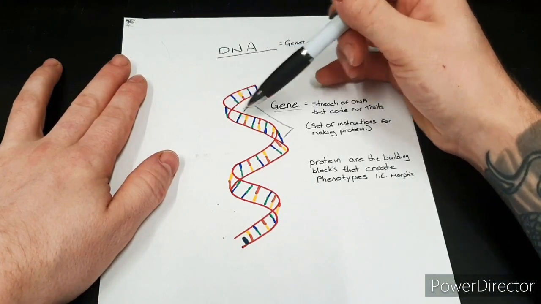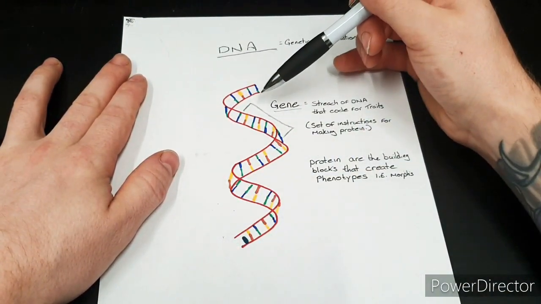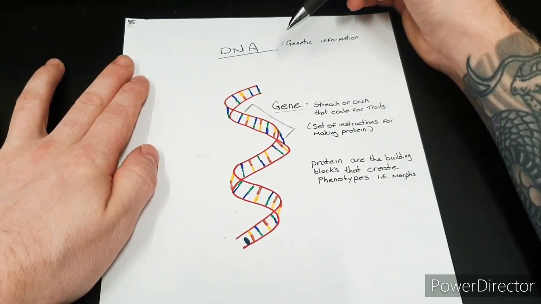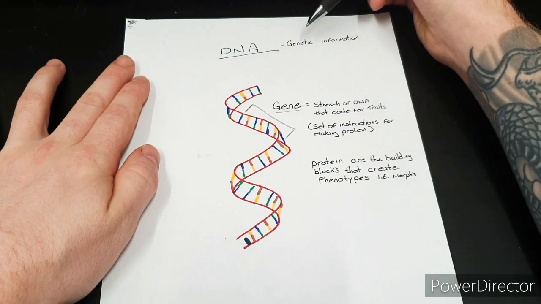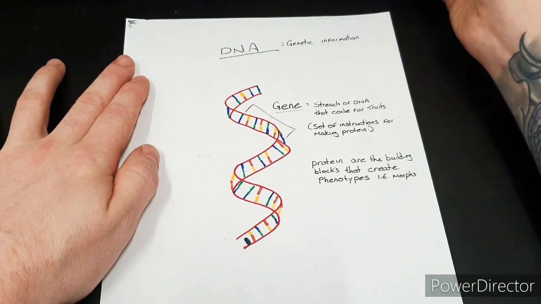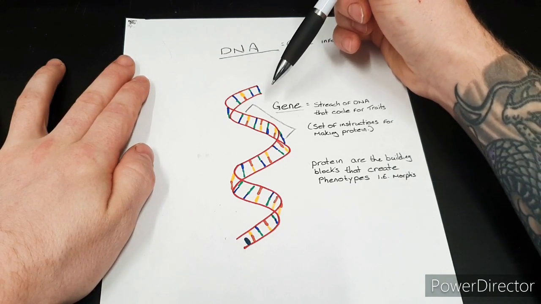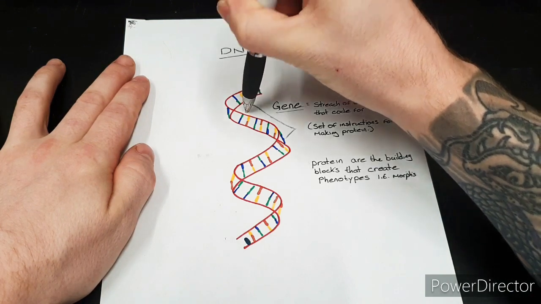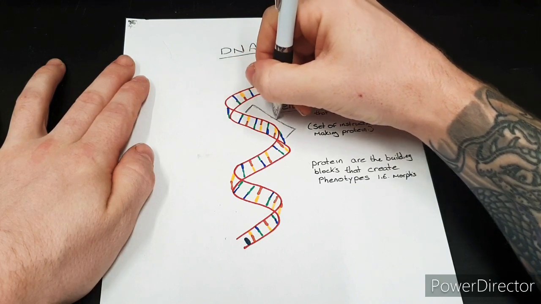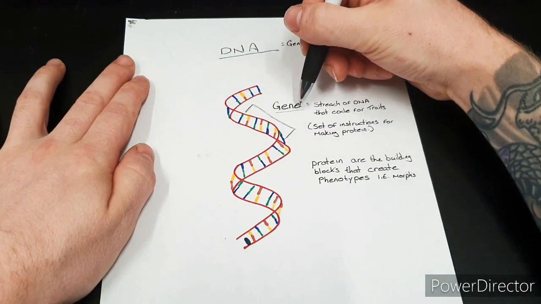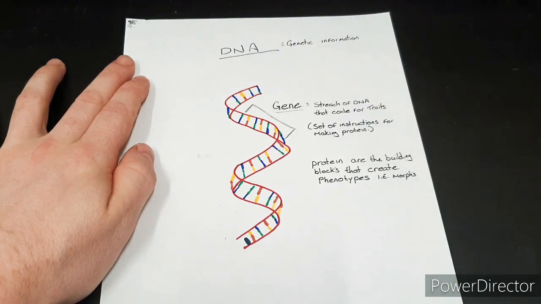This funny looking shape here is just to represent a strand of DNA. Now, DNA is basically information that your body uses to create proteins. Each section of a strand of DNA can be known as a gene, and that's basically a stretch of DNA that codes for traits.